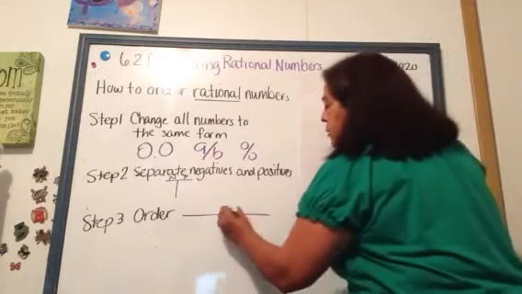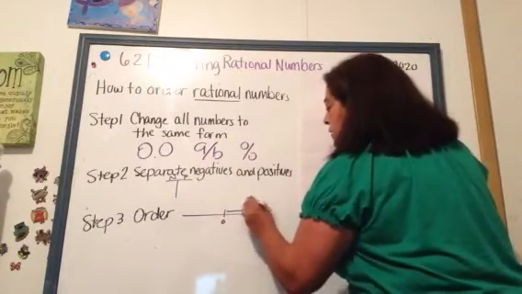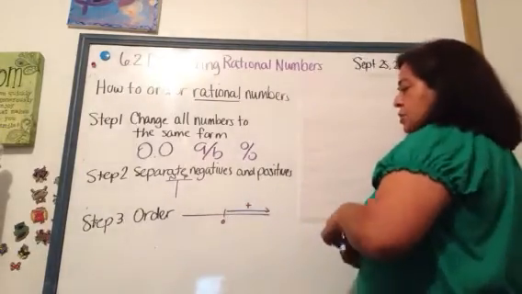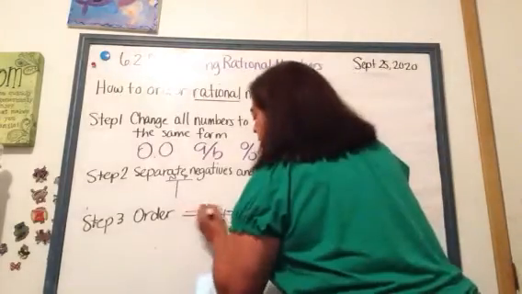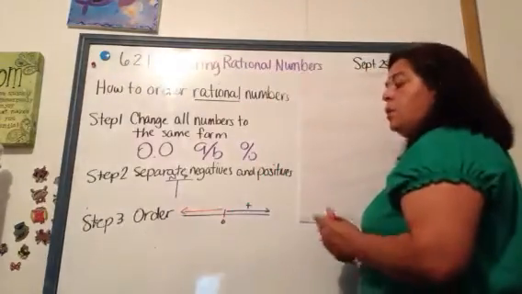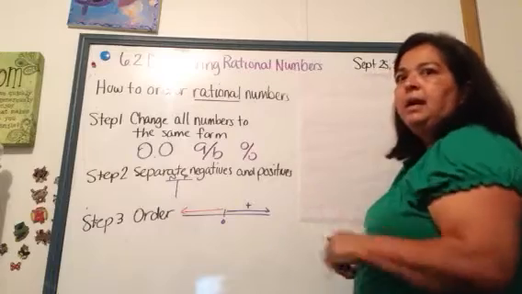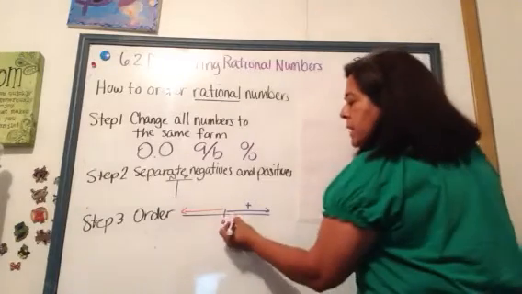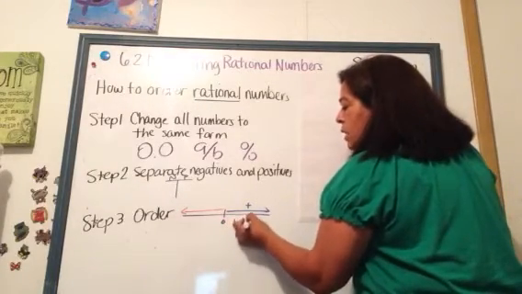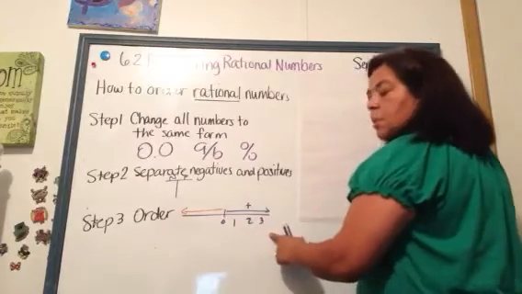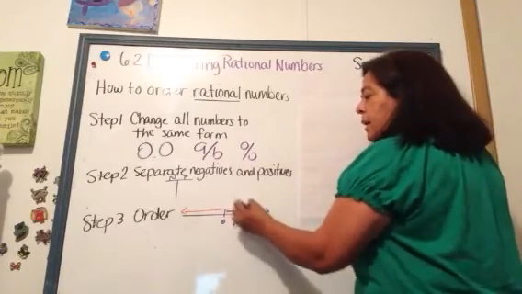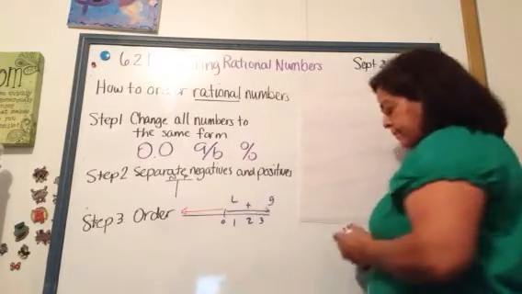So what I want you to think about is to the left are negative numbers and to the right are positive numbers. And when we're talking about these numbers, you already have some idea of how to compare them. The easiest for you to compare is 1, 2, 3, because these are positive and they are growing from least to greatest.